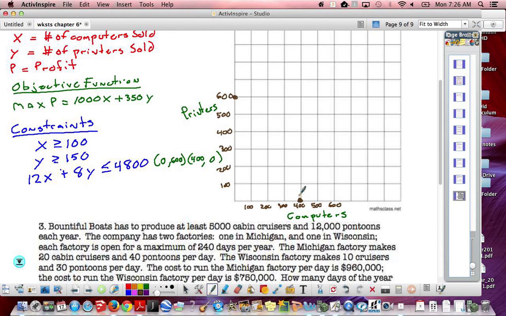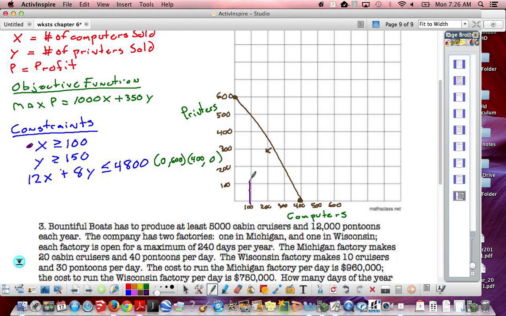Oops. Show up nicely here. So if I connect those two, my inequality is going to be going less than. Then I have to graph the other two. X has to be greater than or equal to 100.